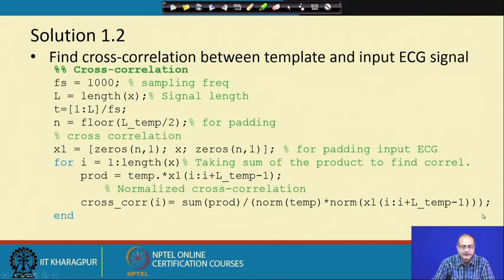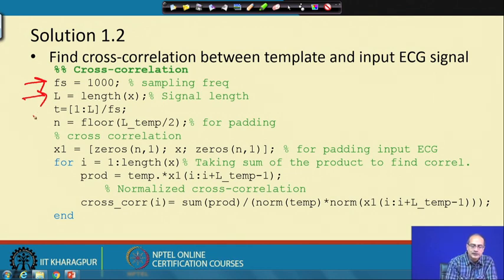For the cross correlation, what do we do? First, we recall that Fs is our sampling frequency, the length of the signal is L, and the time axis is T. Now, we come to a new thing.